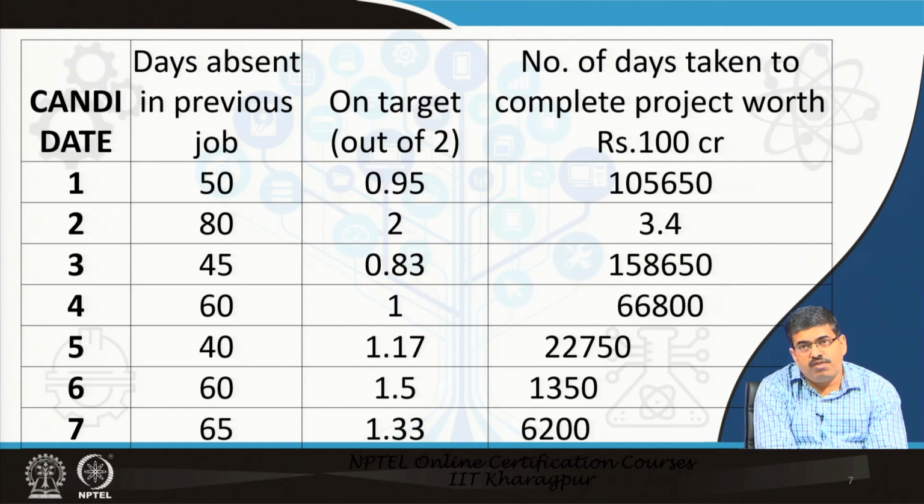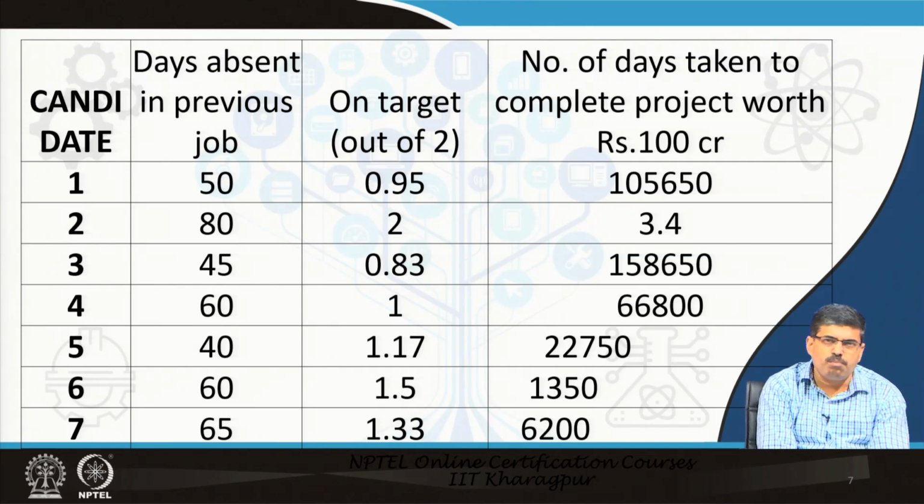He was on target for all his work, 0.95, that means almost 47% of the times he was on target. The number of days taken to complete the project worth rupees 100 crore is 105650. It is a number, actually we will make it less.